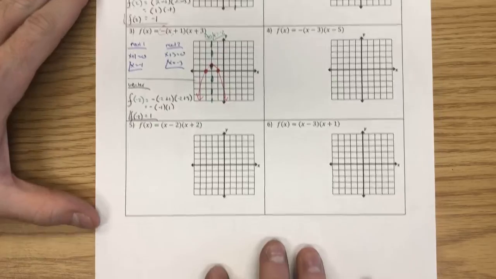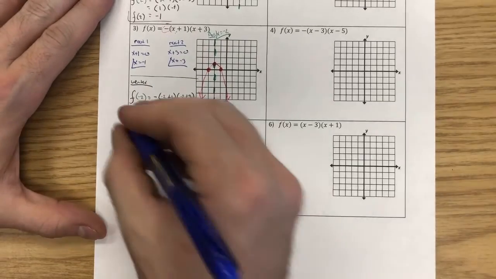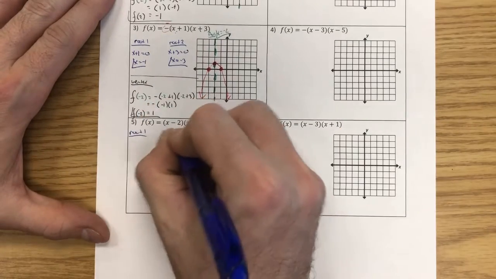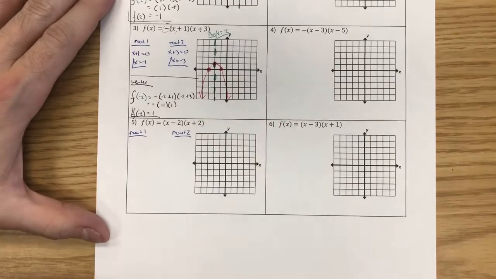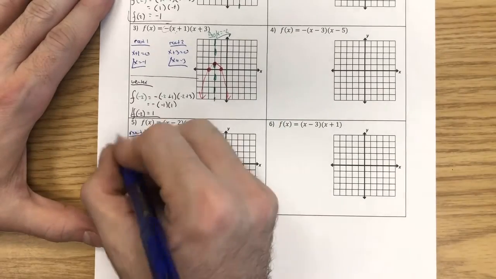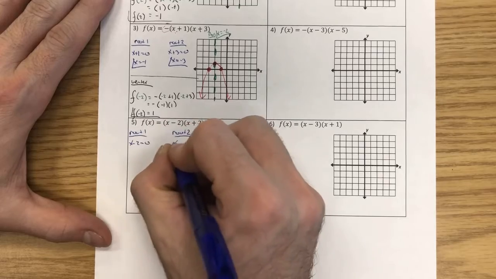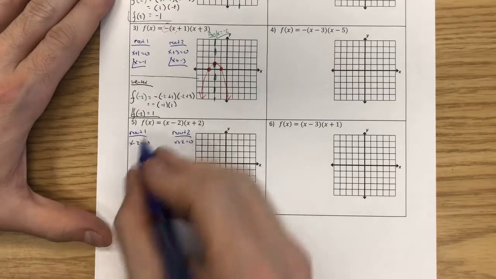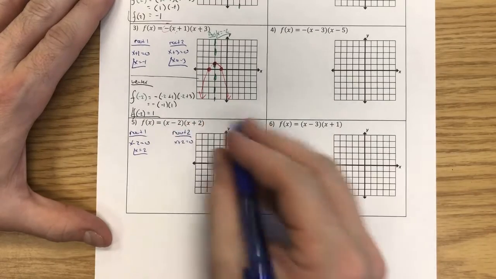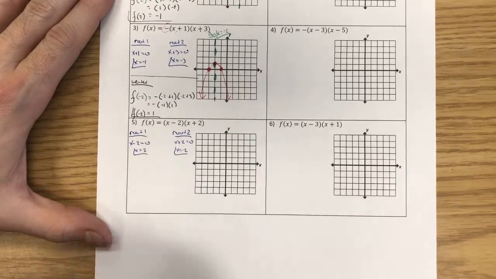Okay, let's give it a shot. I know my root 1 and my root 2. So if I have x minus 2 is 0 and x plus 2 is 0, that means x equals 2 and -2.